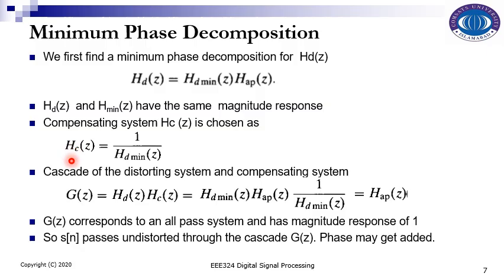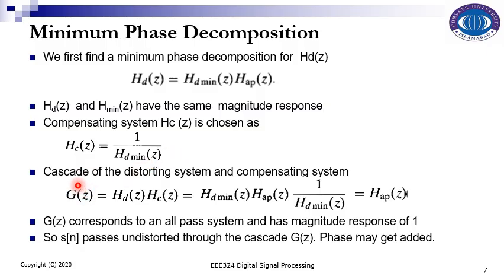Then we choose the compensating system HC of Z as the inverse of the minimum phase system that we found in our decomposition. So HC of Z is 1 over HD min Z, the minimum phase system that we found.